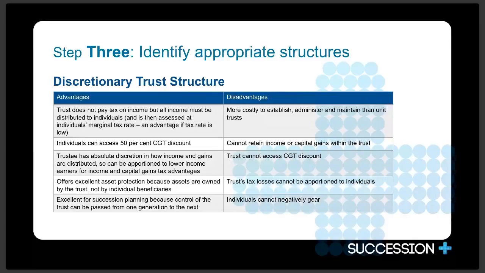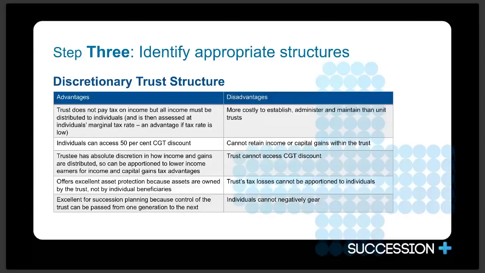And that can obviously be a very useful planning vehicle around the discretion to pay different people income, and also capital gains tax. Much better for asset protection, which is really important. They offer excellent asset protection because the assets are not owned by the individual beneficiaries. Even though I can earn income out of that trust and the asset that sits within it, I do not own the asset, so it is quite separately quarantined.